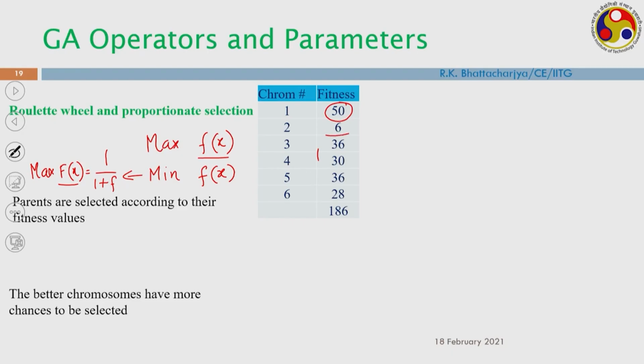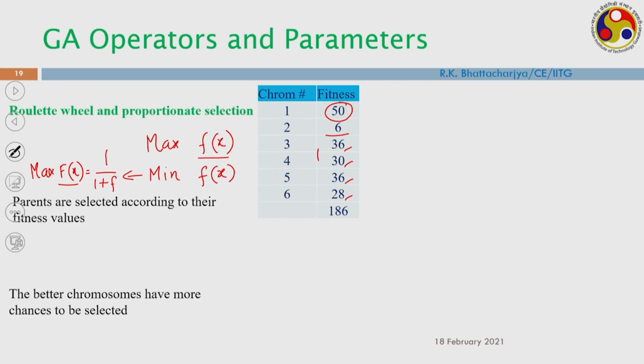Then the second solution has fitness value 6, which is the worst solution in this population. The other solutions are between the best and the worst: 36, 30, 36 twice, and then 28.